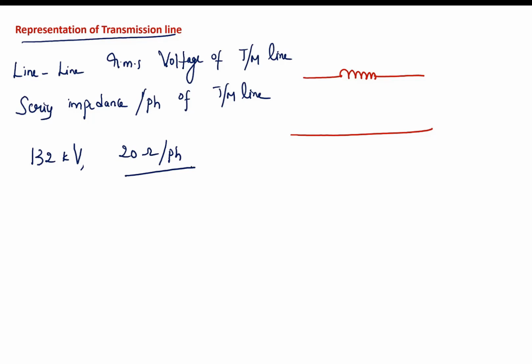Okay. Next, how do we represent loads? In most cases, the loads will be RL loads. They will be represented as a series combination of some resistance and reactance. So this is how we represent the RL loads. So data wise, what data is important in terms of load?